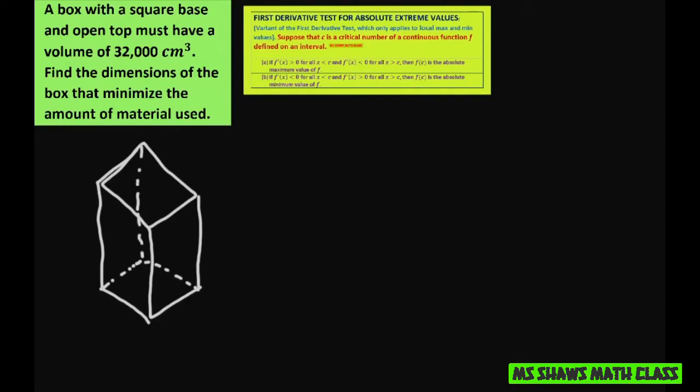Alright, so basically for the box, let B be the base. So you have this base here, and if you look at the volume, we know the volume equals base squared times height. So this is going to be our height. We only need one square, so that's why we're doing it that way.